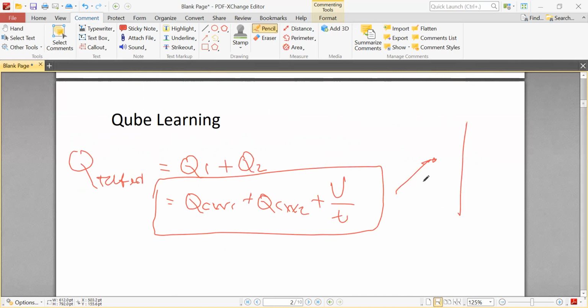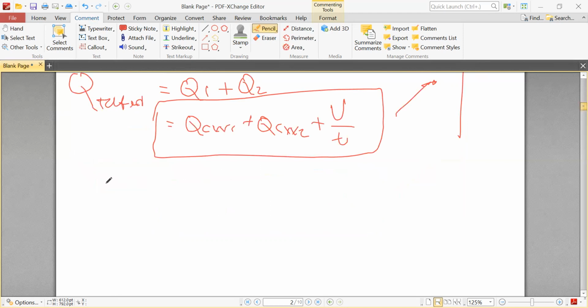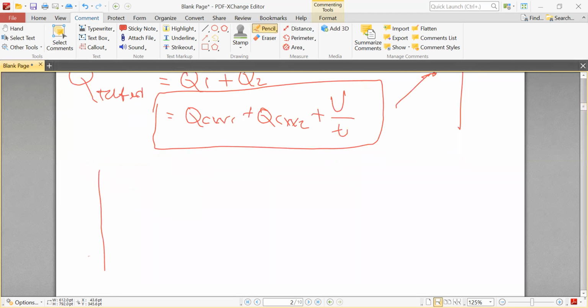If you have the pump curve, sorry, I will draw at the bottom of this equation. If you have a pump curve like here, okay, this is the operation point, so you can drag it down, and this is the Q rated.